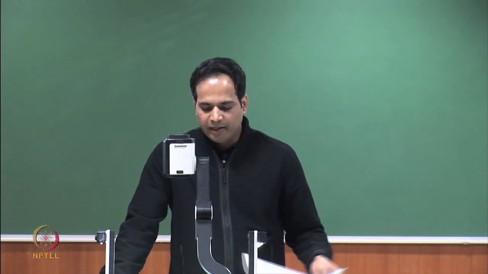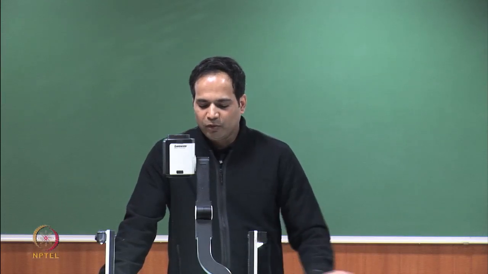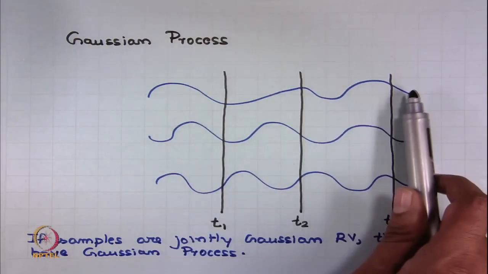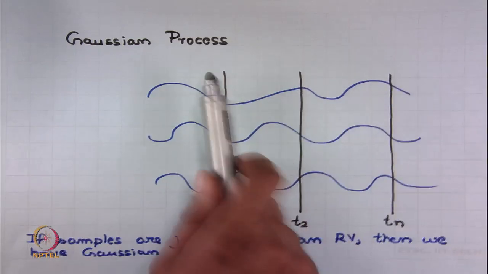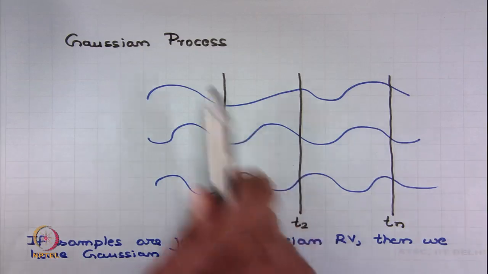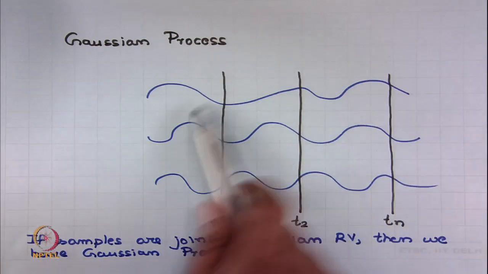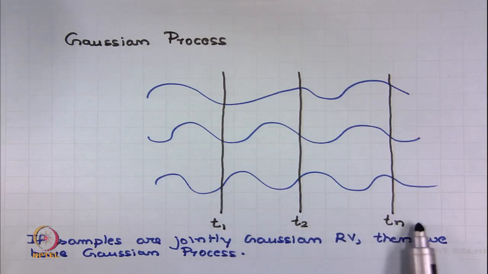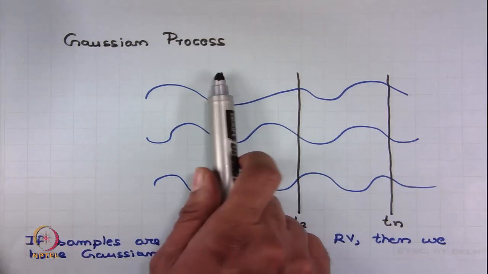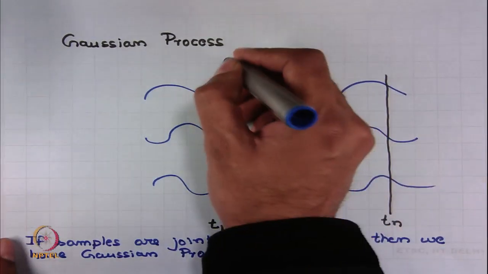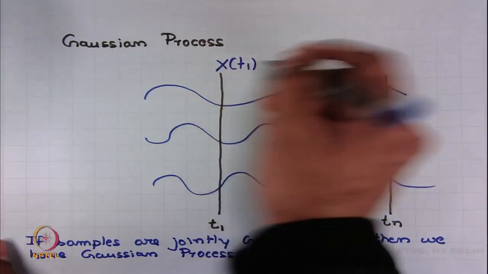We have also defined a Gaussian process, and what is a Gaussian process? First, a Gaussian process is a random process, and we know that a random process can be understood by taking samples of this random process at different time instances. For example, we have taken the samples at time instances t1, t2 and tn. Once you sample a random process at different time instances, we end up with different random variables.